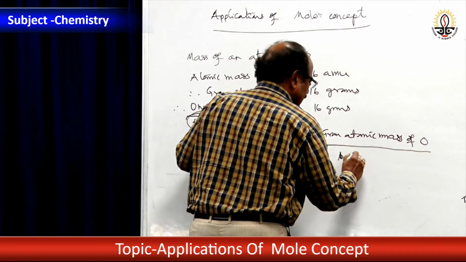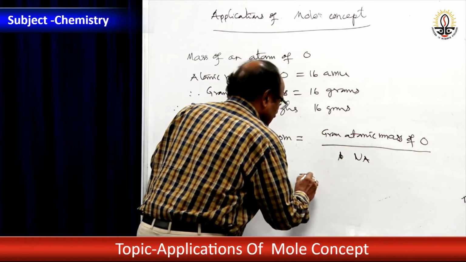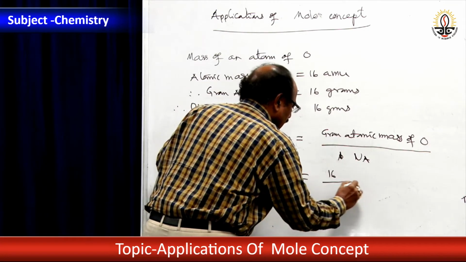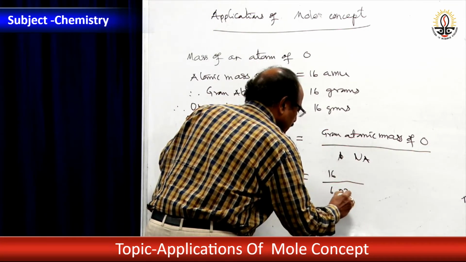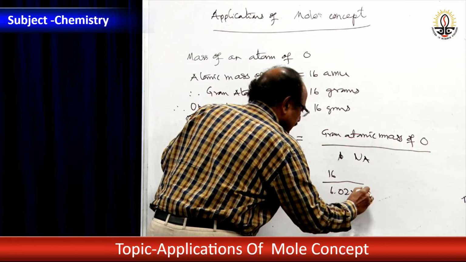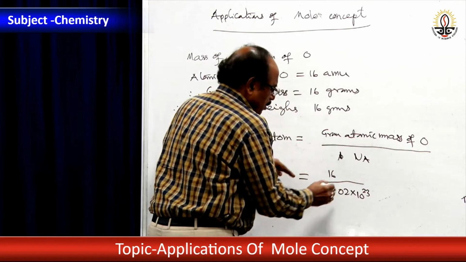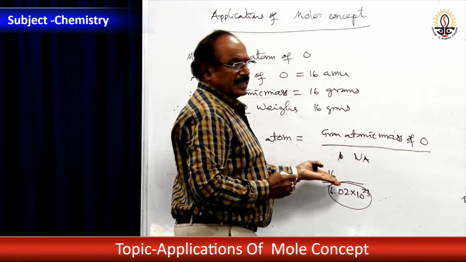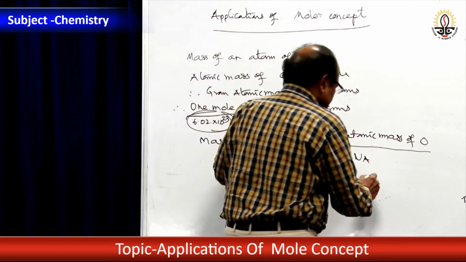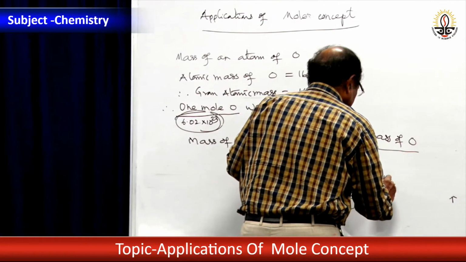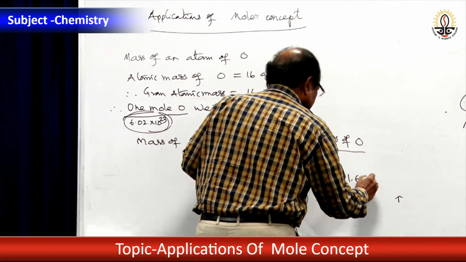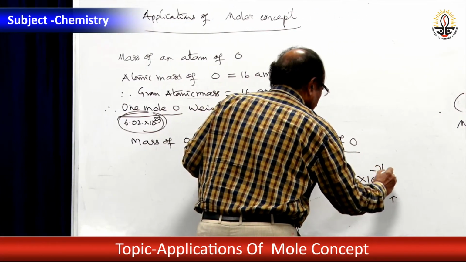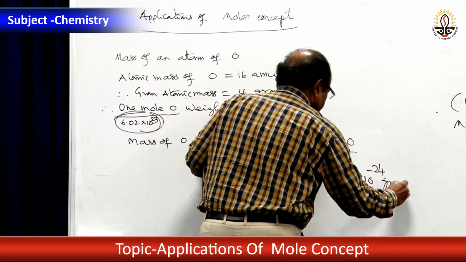Na, I am writing Na to mean Avogadro number. So that comes to 16 by 6.02 into 10 to power 23. So that is 16 into 1 by this. So 1 by 6.02 is 0.166. So if you calculate, this comes to 16 into 1.6 into 10 to power minus 24 grams.